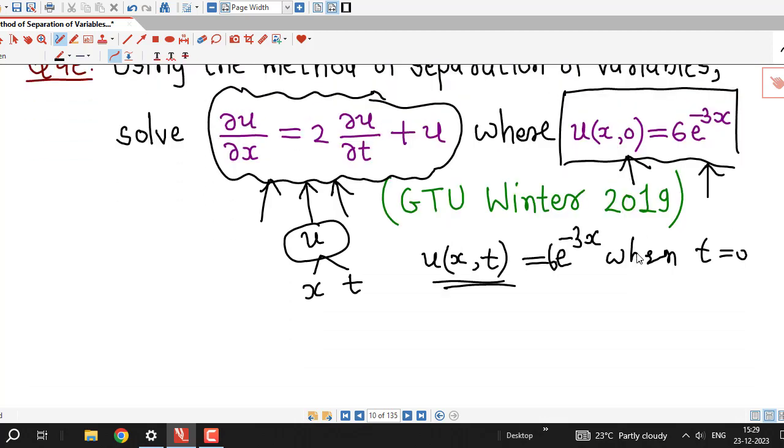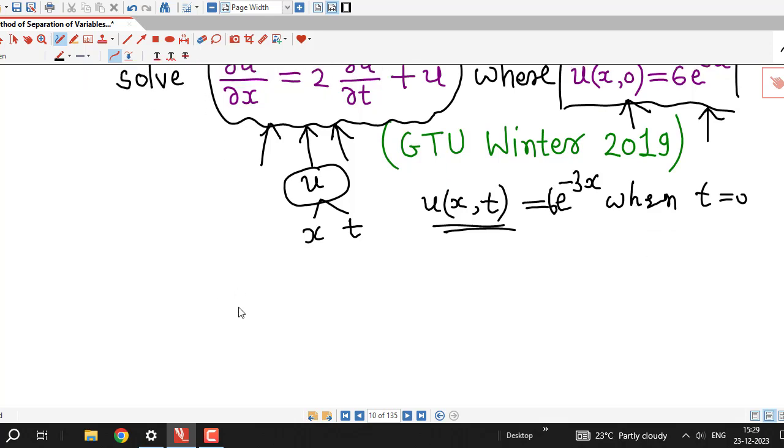As we know, in the method of separation of variables, we start by assuming that the given partial differential equation has a solution in the form of a product of two functions of the given independent variables. Here the independent variables are x and t.